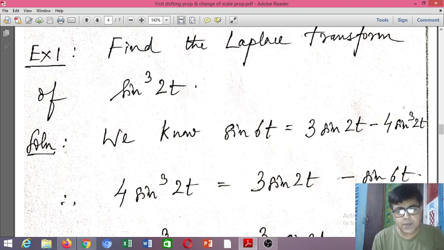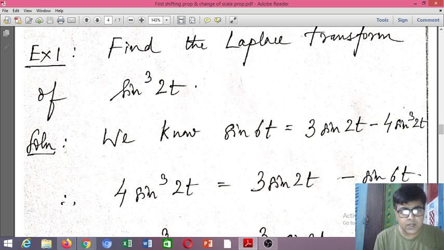Now, to find the Laplace transform of sine cube 2t, there is no standard formula. We know we can find the Laplace transform of sine of some multiple of t or cos of some multiple of t. But how to find sine cube 2t?